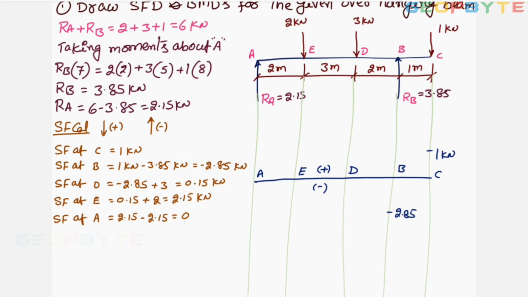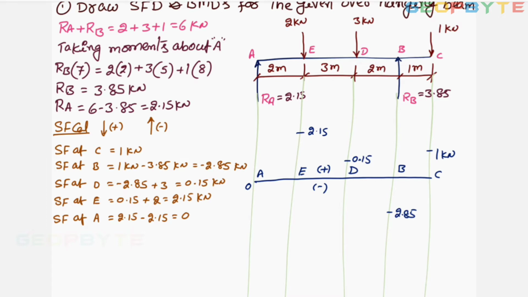SF at D is 0.15. Next, SF at E is 2.15. Exactly at A, it is 0.